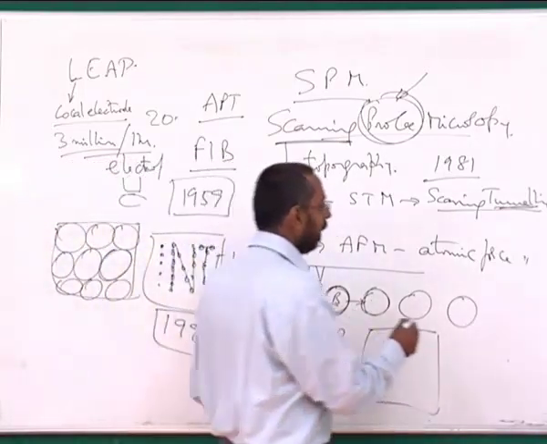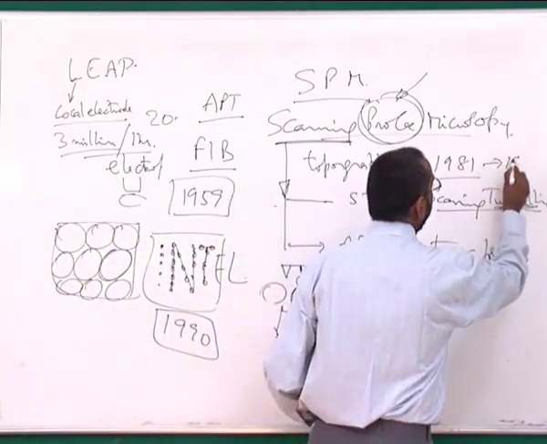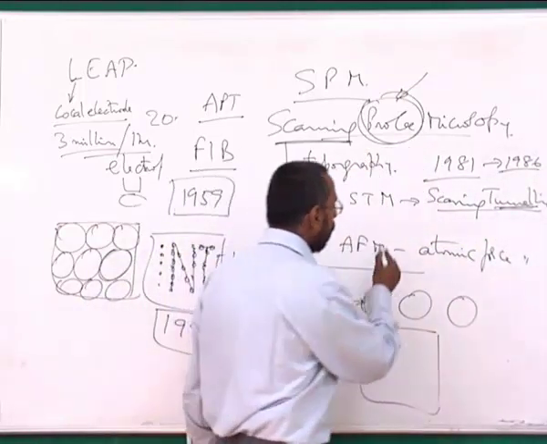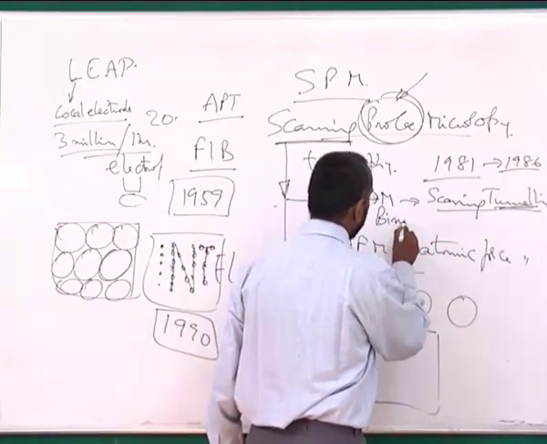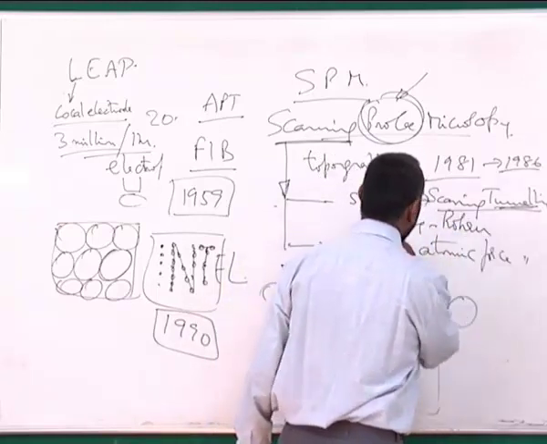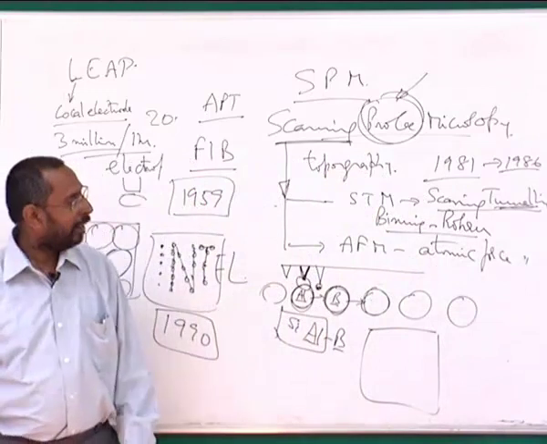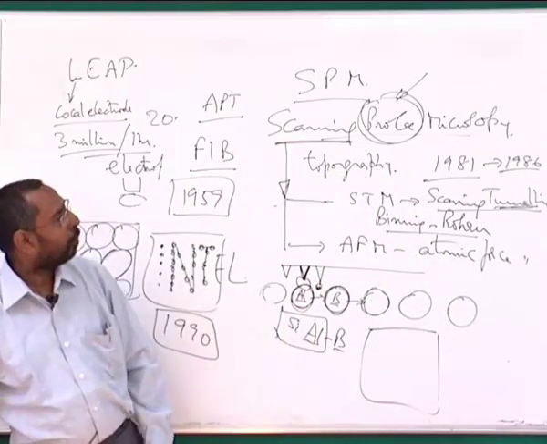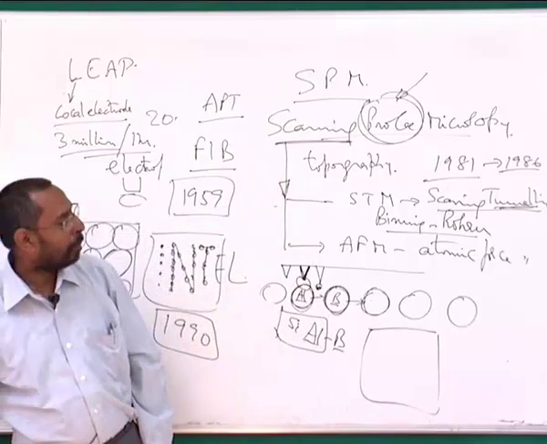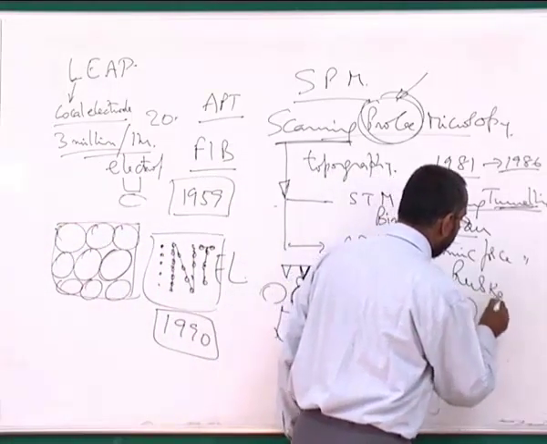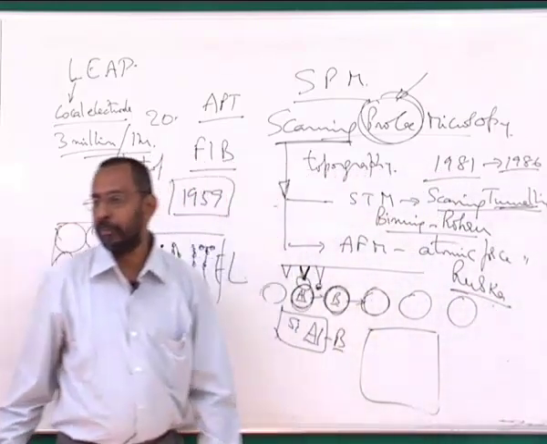And in 1986, the Nobel Prize was given to the two people who did this, Binnig and Rohrer, along with a Nobel Prize to Ruska for his invention of the TEM.